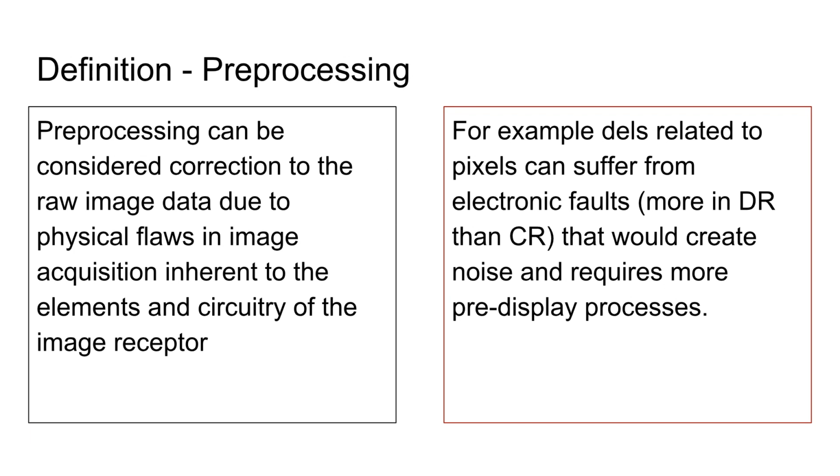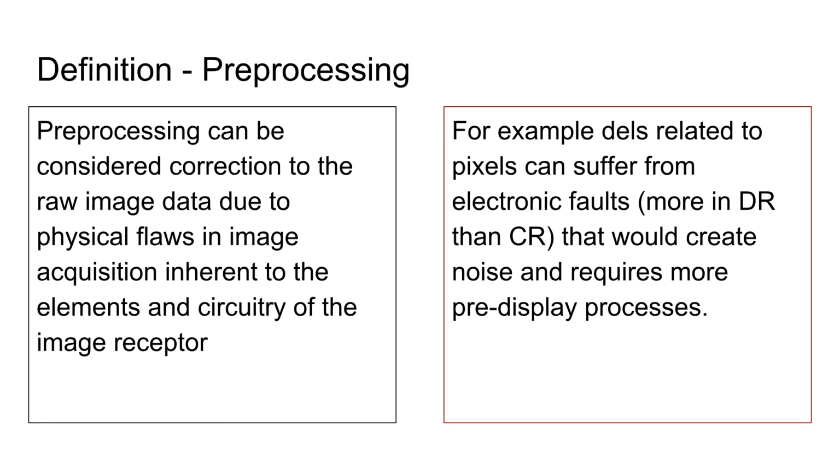Now, in essence, pre-processing is where we look for errors and where the computer does a lot of analysis to look for things like, does it spot maybe a lead apron? Does it spot raw radiation that's outside of the field? Kind of looks at the image as a whole.